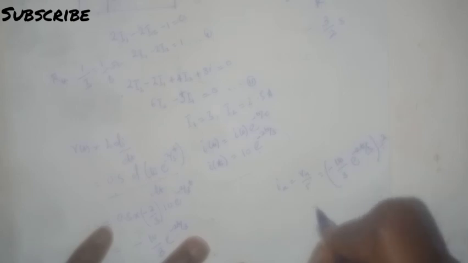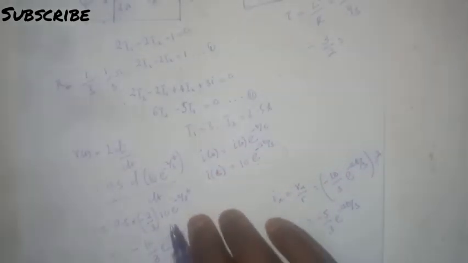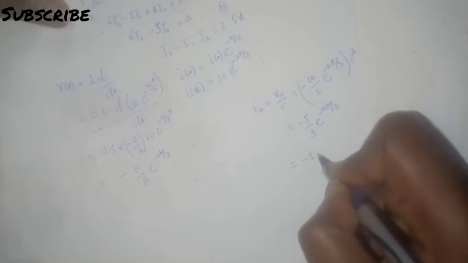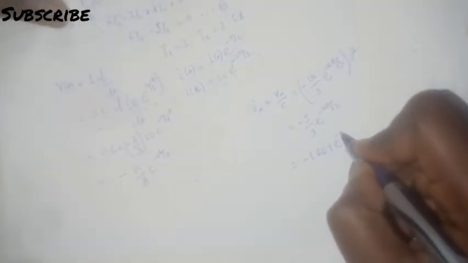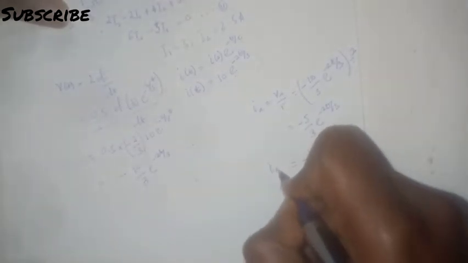So divided by 2, and we are going to have minus 5 over 3 e raised to power minus 2t over 3. And that means that ix is equal to minus 1.667 e raised to power minus 2t over 3, and that is the value of ix.